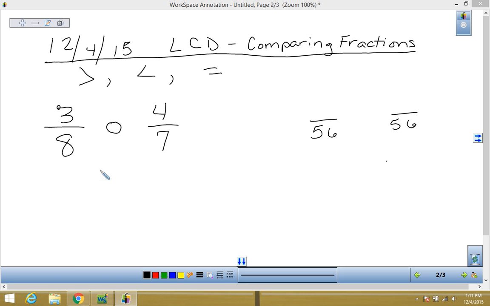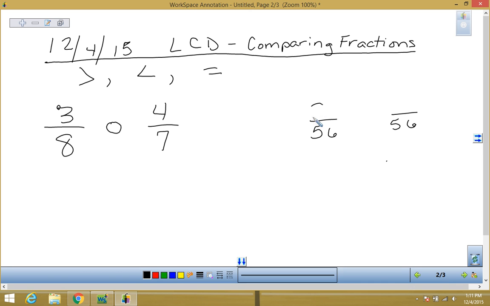Okay, this is that moment. Looking at 3/8, what did we do to 8 to get to 56? We multiplied by 7, so what do we have to do to the top? To get what? 21. So on this one, we multiplied the 3 and the 8 by 7.